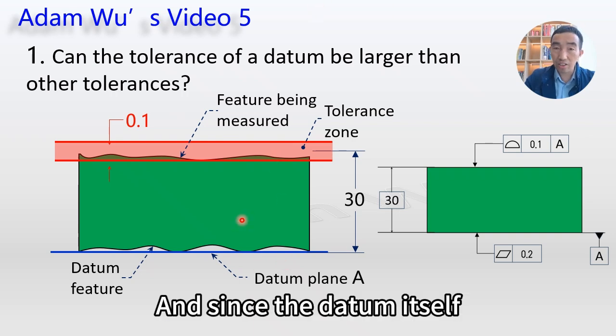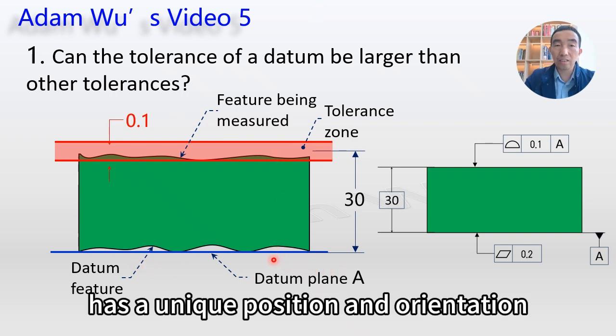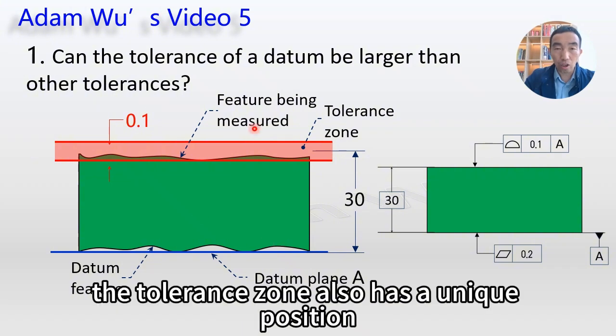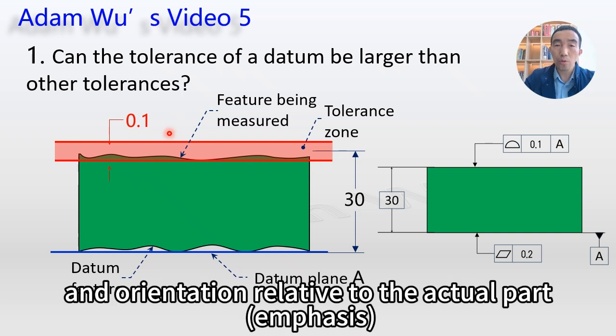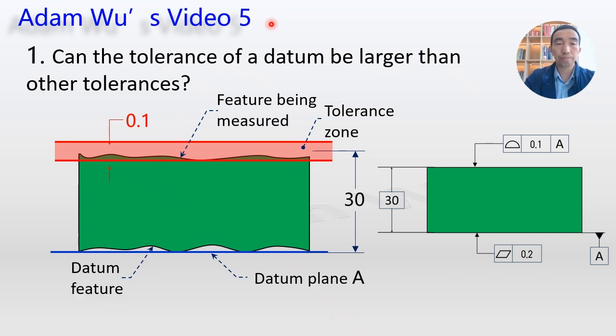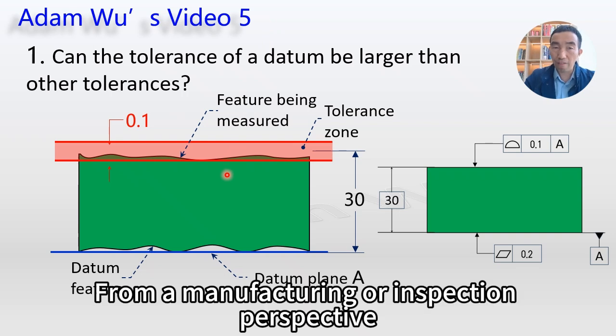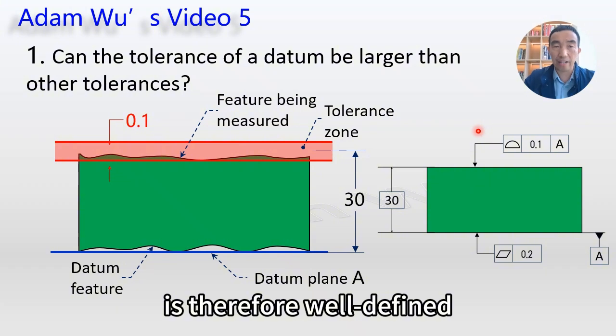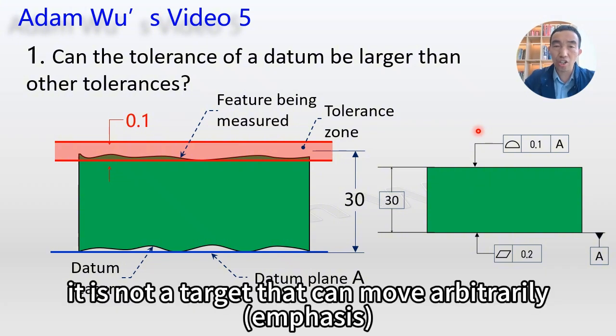And since the datum itself has a unique position and orientation relative to the part, it follows that the tolerance zone also has a unique position and orientation relative to the actual part. From a manufacturing or inspection perspective, the requirement of the profile tolerance is therefore well defined. It is not a target that can move arbitrarily.